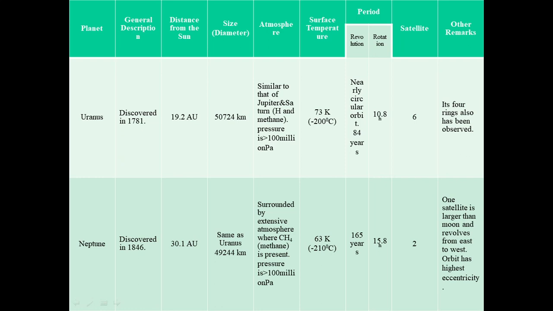The orbit of Neptune has the highest eccentricity. So a highly eccentric orbit belongs to Neptune, and the orbit is almost circular for Uranus.